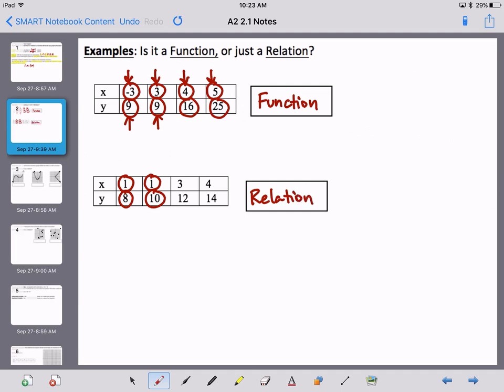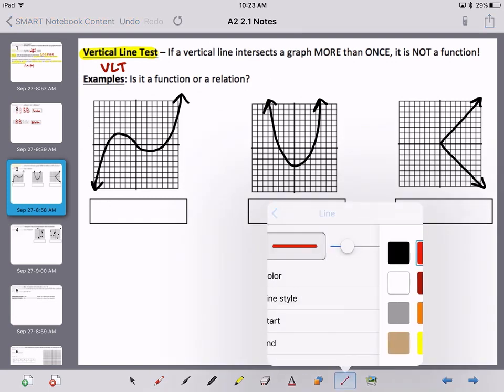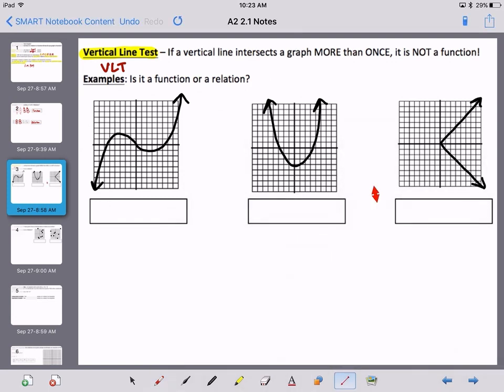Now this is a little easier to tell if you're working with graphs. In our next set of examples, we have this test called the vertical line test, which sometimes you'll see abbreviated as VLT. What that tells you is if a vertical line intersects a graph more than once, it's not a function. So let's take a vertical line and put it through the graph.